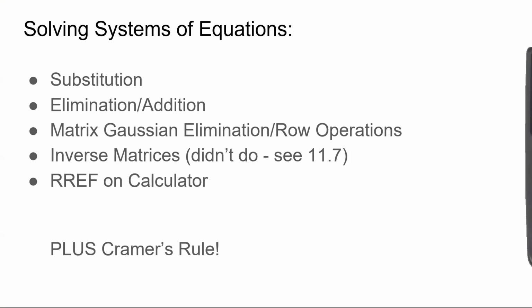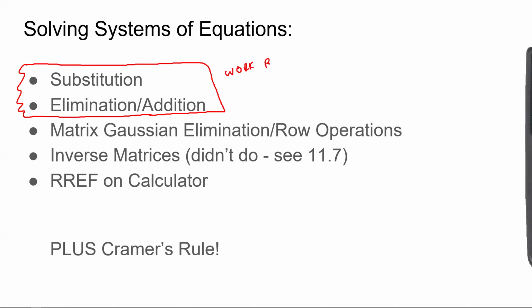First of all, I wanted to remind you that we have several ways that we've already learned to solve systems of equations. We know how to do it with substitution and the elimination method. Those are both really good standbys, but they work best with small sets of equations.